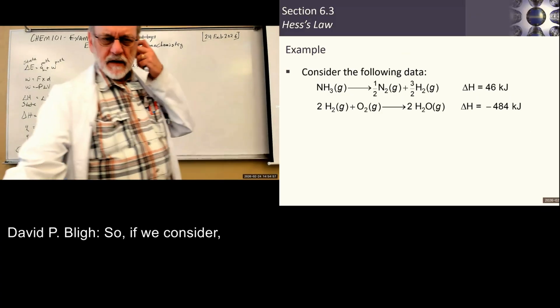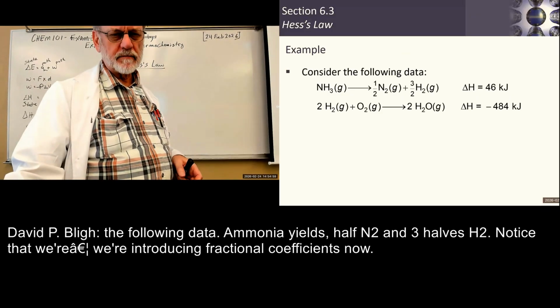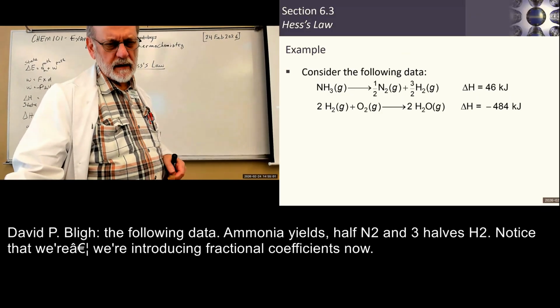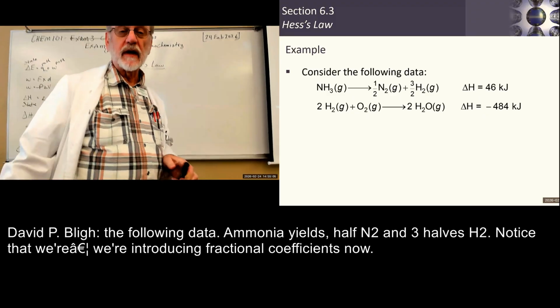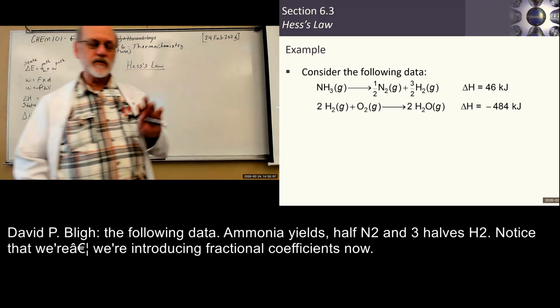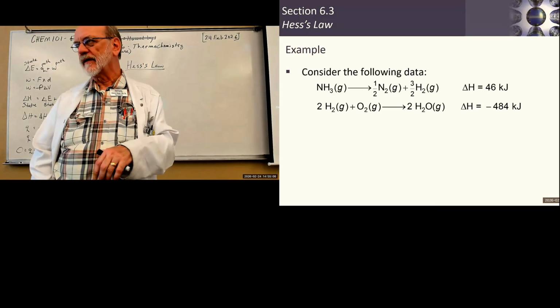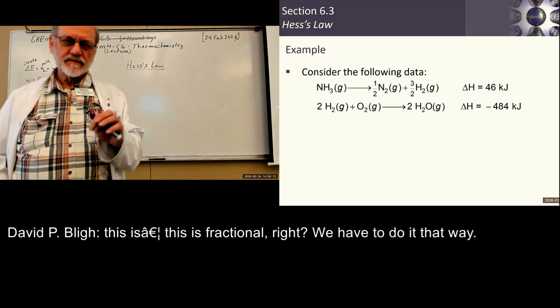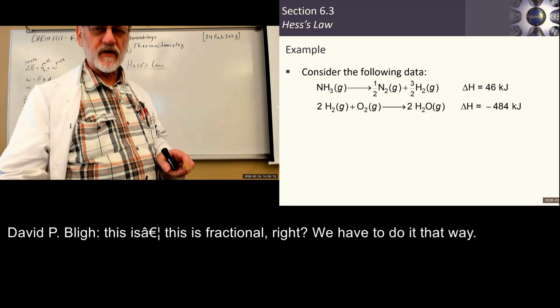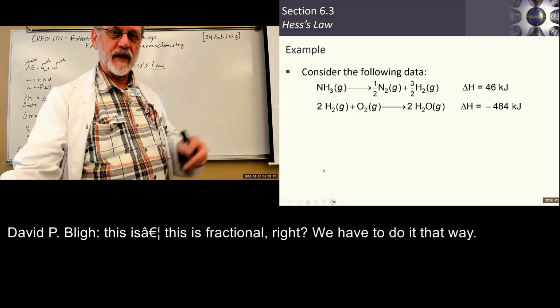So if we consider the following data, ammonia yields half N2 and 3/2 H2. Notice that we're introducing fractional coefficients now. We started off with only whole numbers. This is fractional, and we have to do it that way.